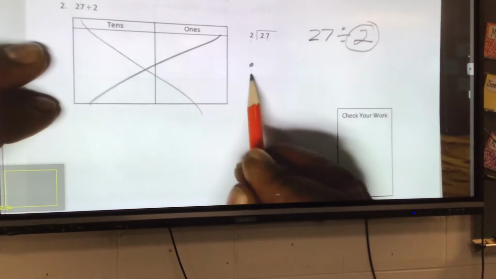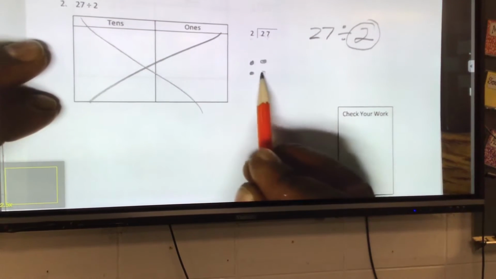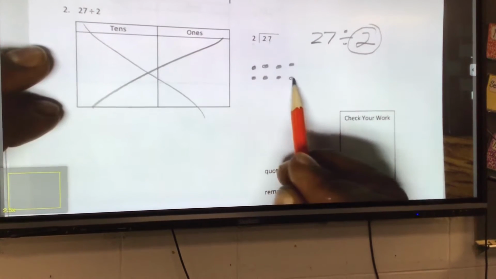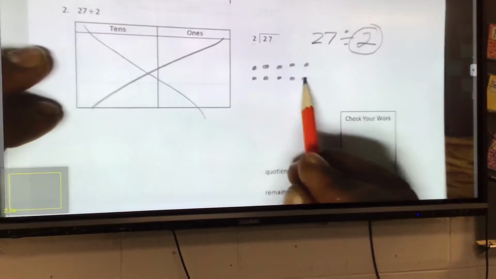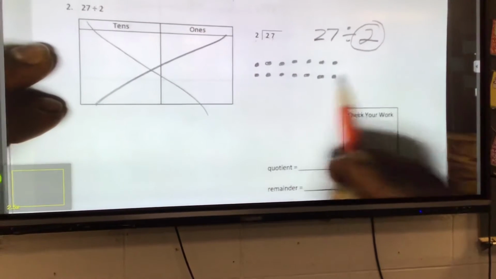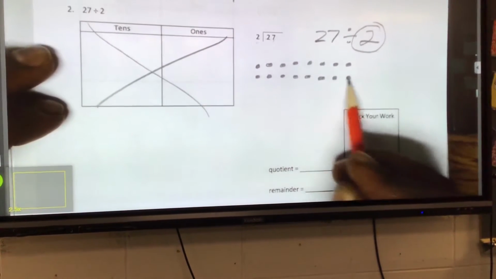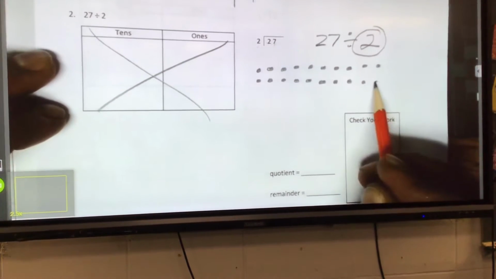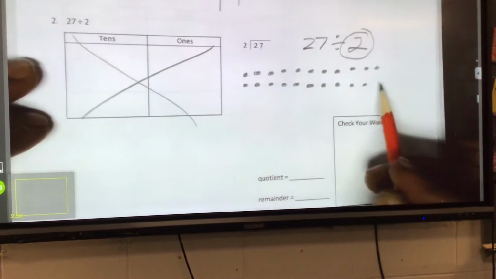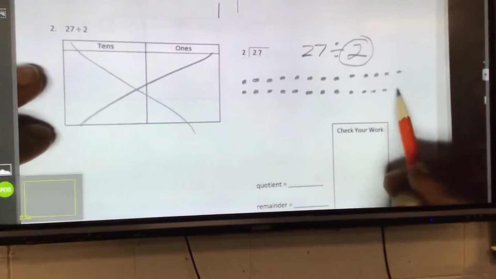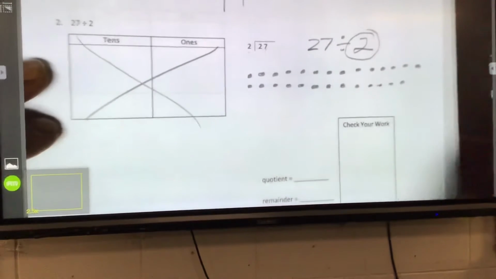So that's 1, 2, 3, 4, 5, 6, 7, 8, 9, 10, 11, 12, 13, 14, 15, 16, 17, 18, 19, 20, 21, 22, 23, 24, 25, 26, 27.